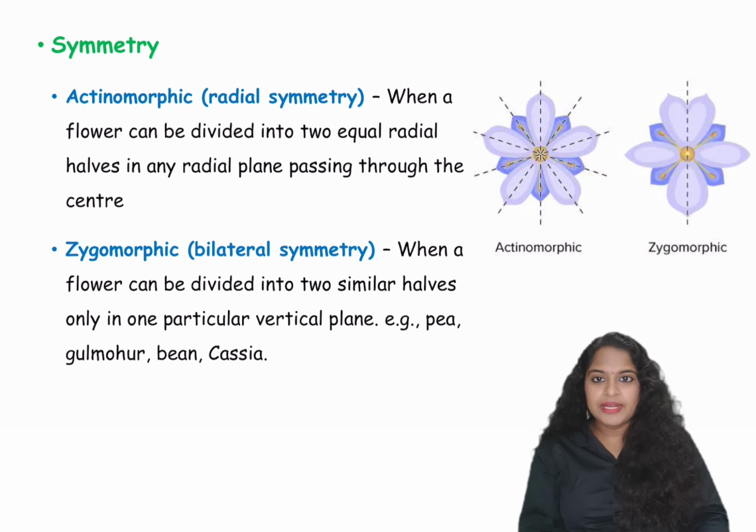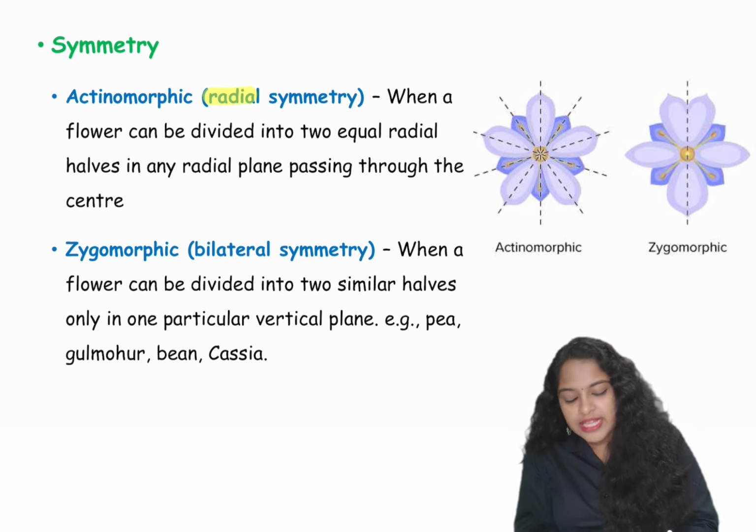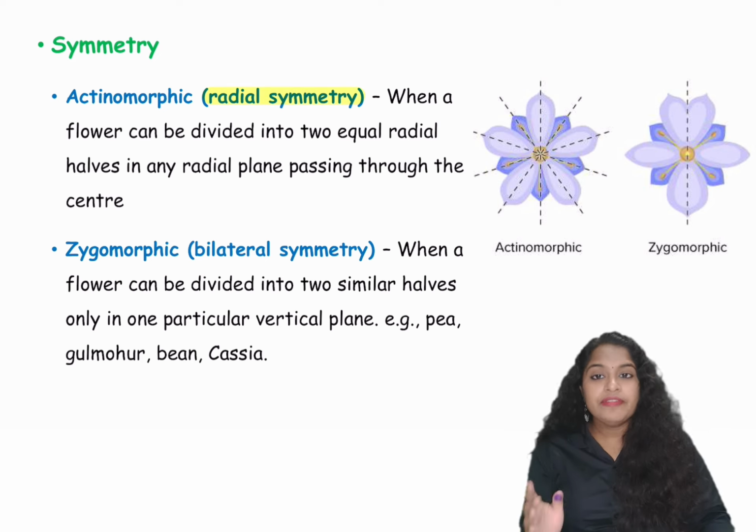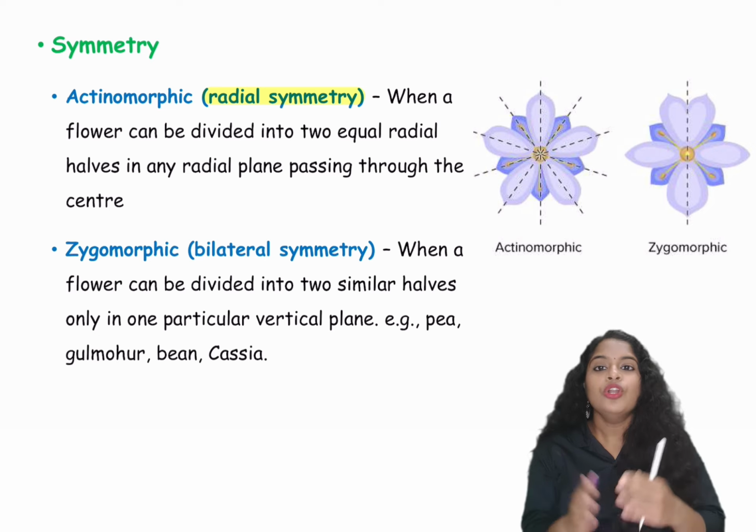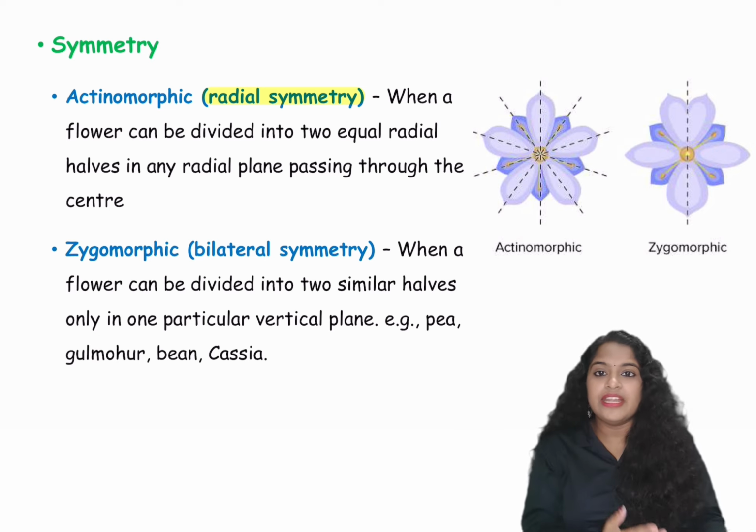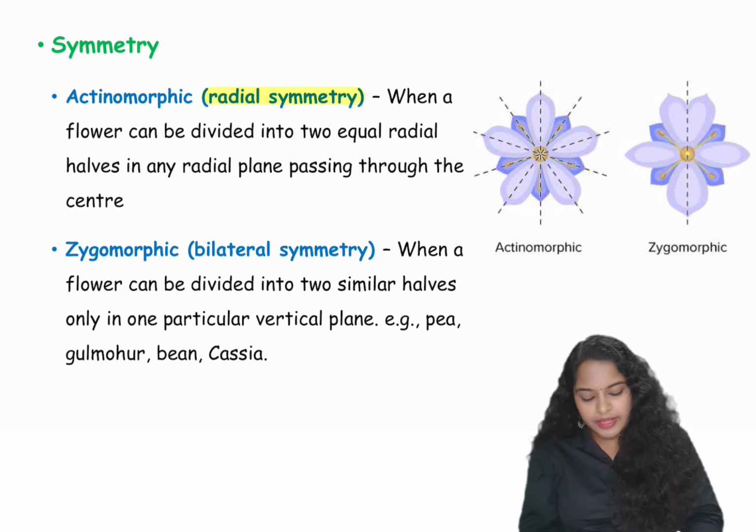Now, based on the symmetry, flowers are of three types. One is actinomorphic, zygomorphic and asymmetrical. What is actinomorphic? Actinomorphic is nothing but the radial symmetry. So if a flower can be divided into two equal halves through any radial plane, it is called actinomorphic. Then what is zygomorphic? It is the bilateral symmetry.